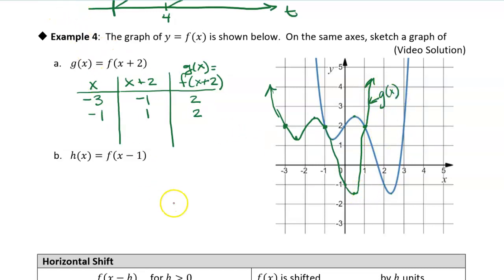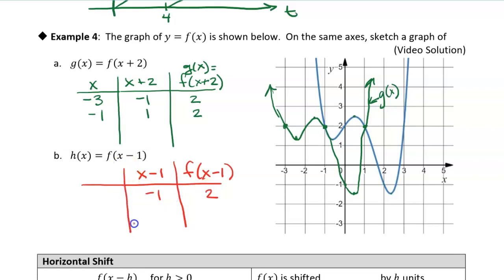All right, now let's try h of x. We're going to do a similar thing, right? The input to the function now is x minus 1, and the output is f of x minus 1. So I can take a point, for example, I still know that when the input to the function is -1, I get 2, right?